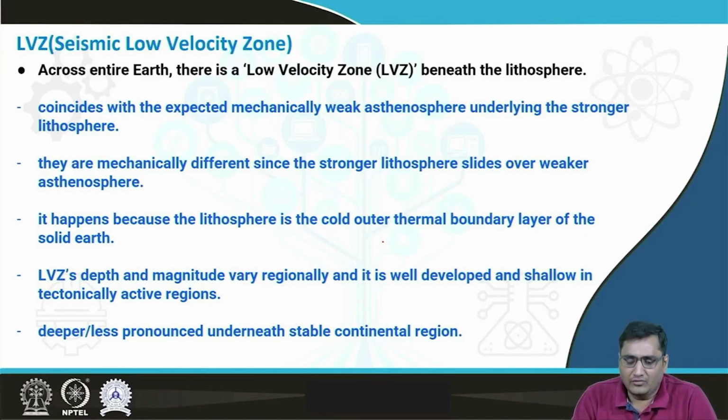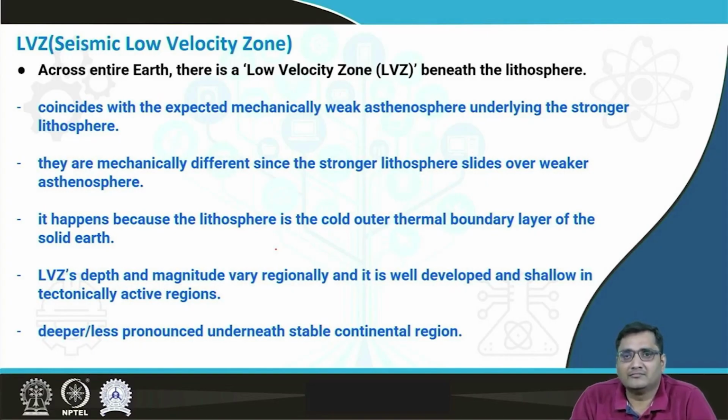And there is a seismic low velocity zone, and across the entire earth we find this low velocity zone underneath the lithosphere. It basically coincides with the expected mechanically weak asthenosphere underlying the stronger lithosphere, and they are mechanically different since the stronger lithosphere slides over the weaker asthenosphere.